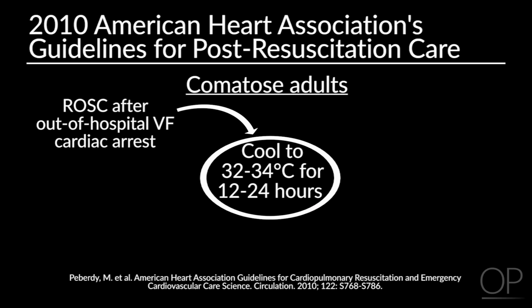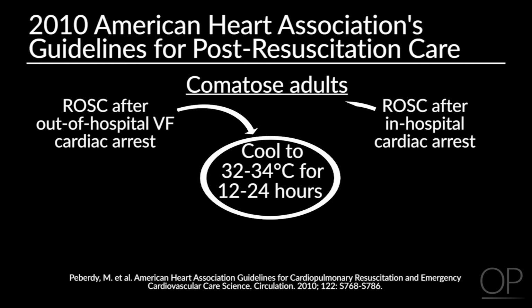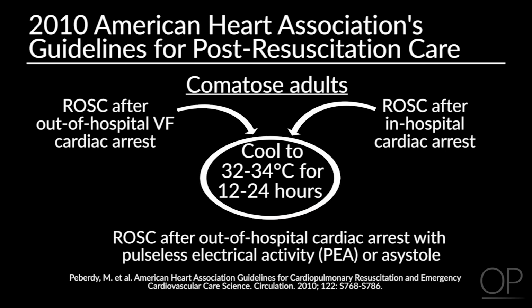So it was a reasonably strong recommendation. And indeed, induced hypothermia was also to be considered for comatose adult patients with ROSC after in-hospital cardiac arrest of any initial rhythm or after out-of-hospital cardiac arrest with an initial rhythm of pulseless electrical activity or asystole. So quite a strong recommendation for the use of temperature-targeted management.